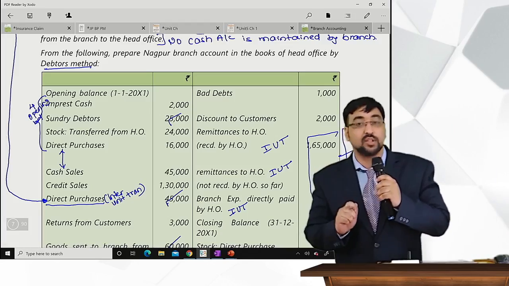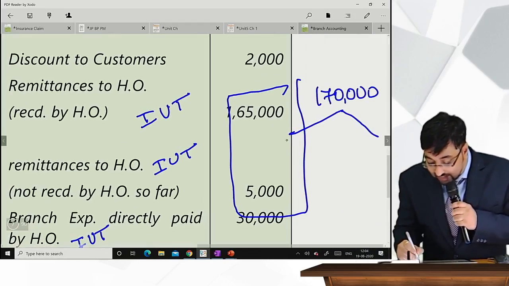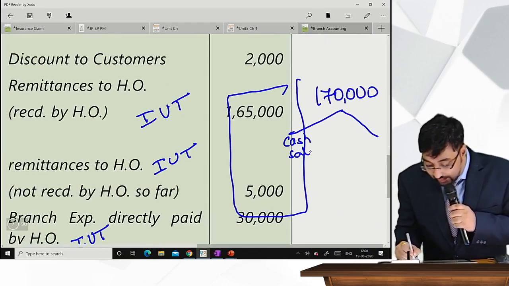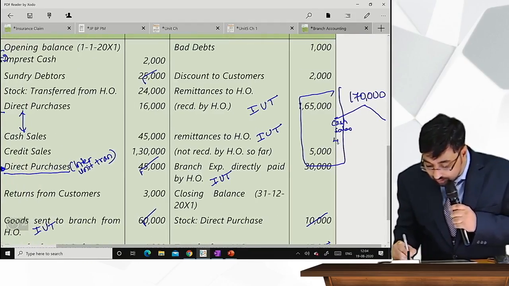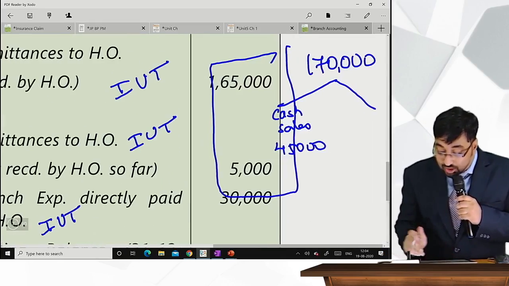Out of this collection which is remitted, one is cash sales. So what is cash sales? Cash sales is 45,000. So what is the amount of collection from debtors?